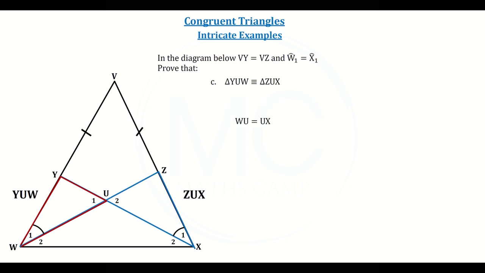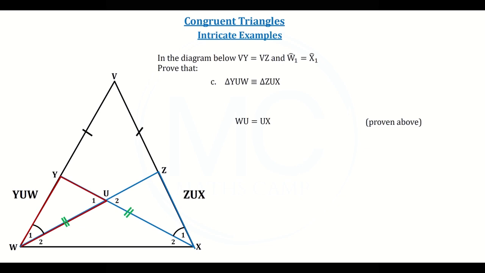We've already proven that these sides are equal, so as our reason, we simply say proven above. U and W are the second and third letters in triangle YUW. U and X are the second and third letters in triangle ZUX, so these are corresponding sides. Let's quickly mark UW on our diagram with two green lines, and we can mark UX as well.